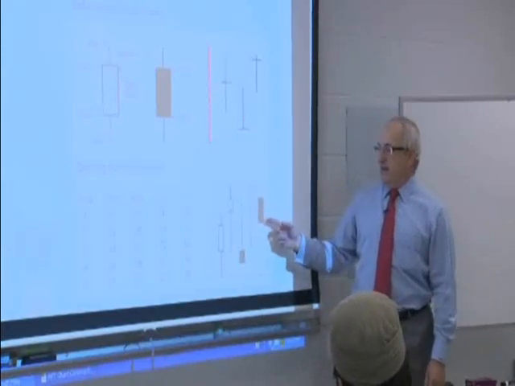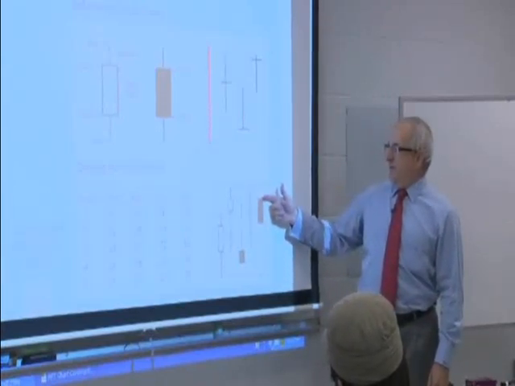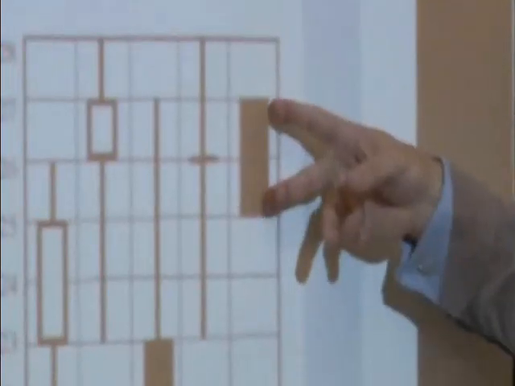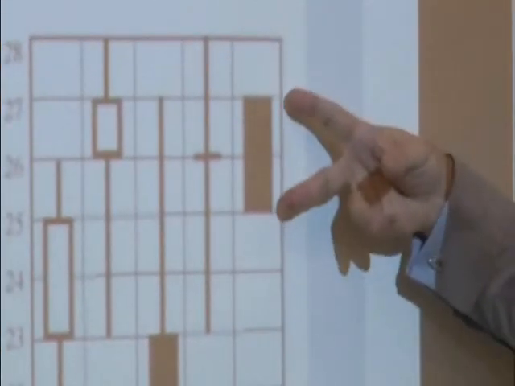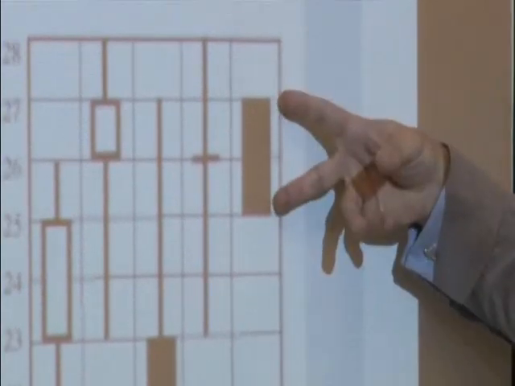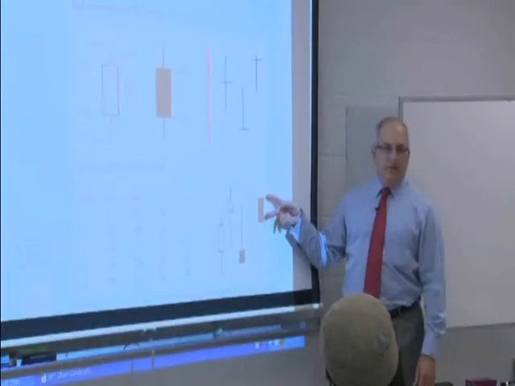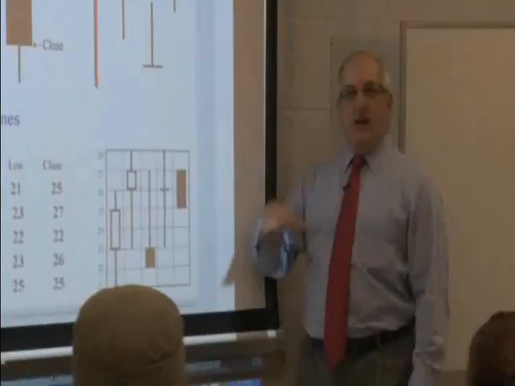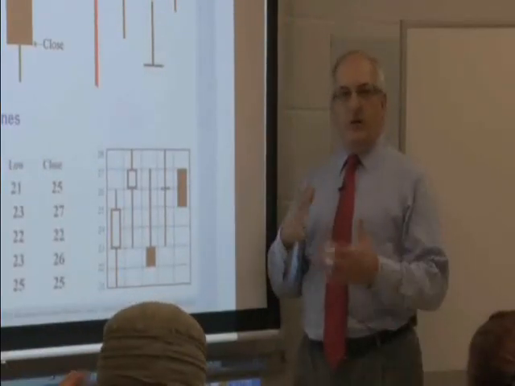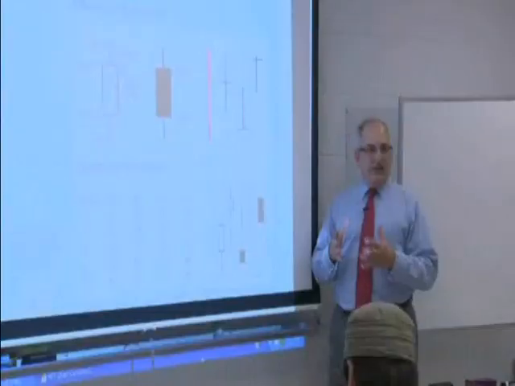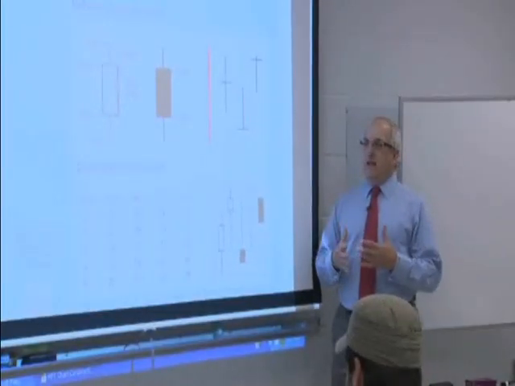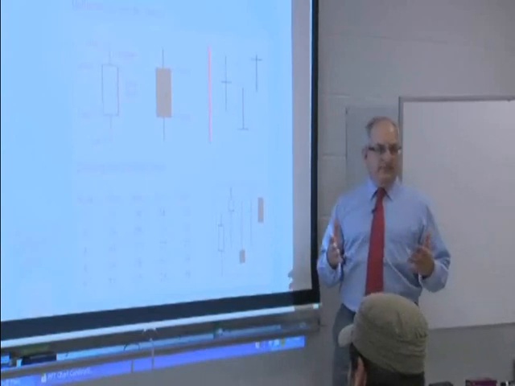And then on the last day, you open at 27, that's the high for the day. You close at 25, that's the low for the day. So when you're looking at the charts, the black real bodies are bad news. Depending on exactly what the shape is and how they occur relative to the other things you're looking at, because you don't use candlesticks only by themselves.